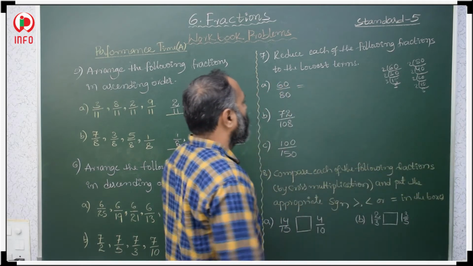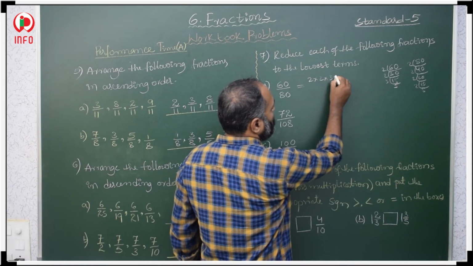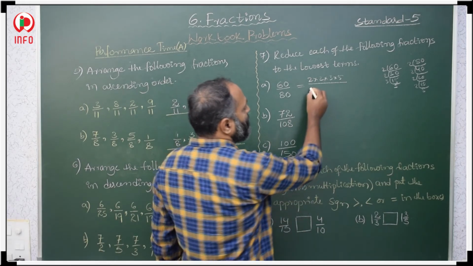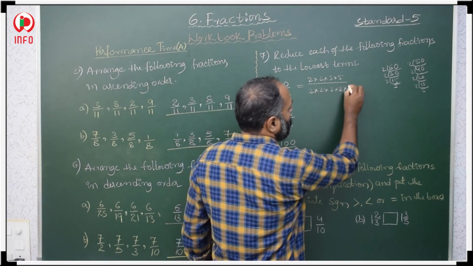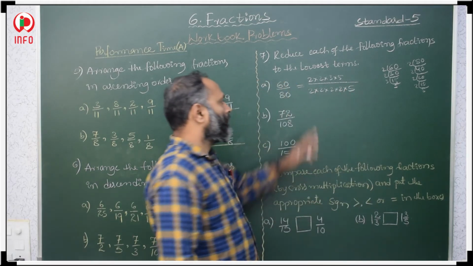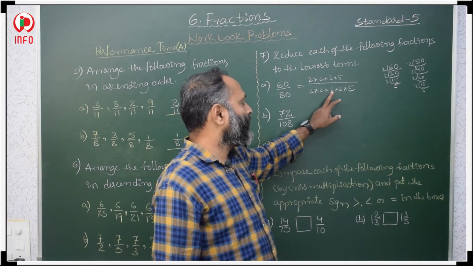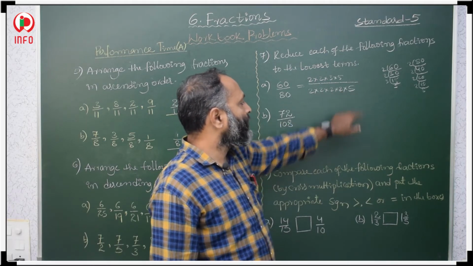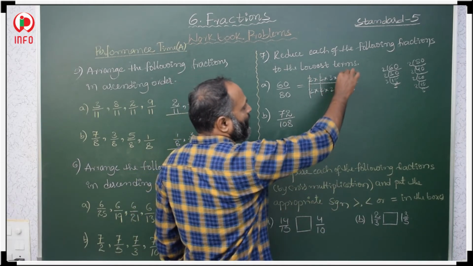Now 60 means 2 into 2 into 3 into 5. 80 means 2 into 2 into 2 into 2 into 5, that is 2 to the 4 times 5. So 12 by 60 becomes 2 to the 4, 16 5s are 80.